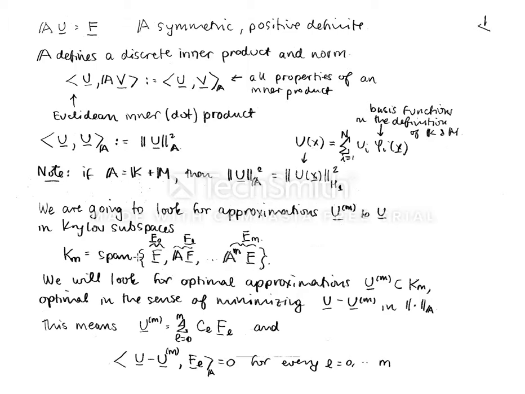At the end, I'll tell you what's special about this particular sequence of subspaces, and the technical details are in the notes. That's something you just have to look through. And then next lecture I'll show you the good approximation properties you get from the subspace.